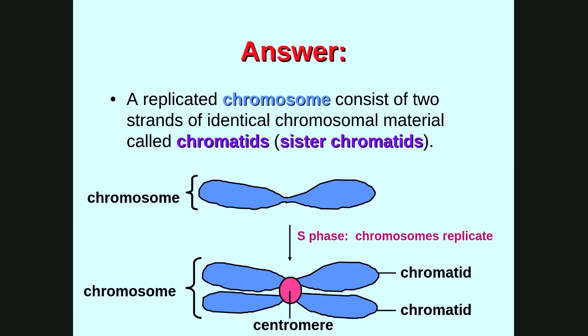So this is a single chromosome and it makes its own copy, and that copy is joined with its original chromosome with the help of the centromere, and now this is known as a chromatid, and this is also a chromatid.